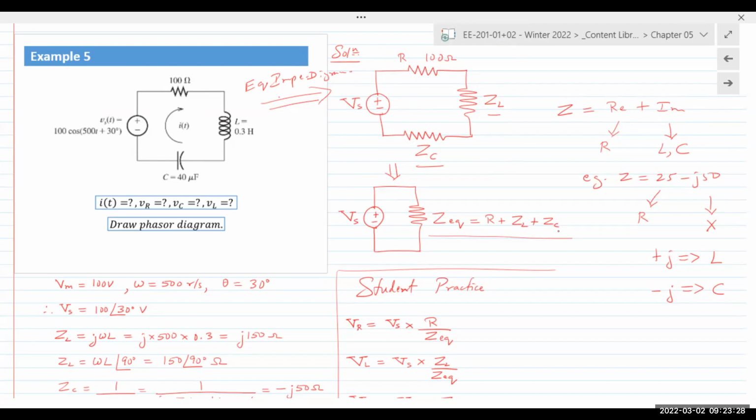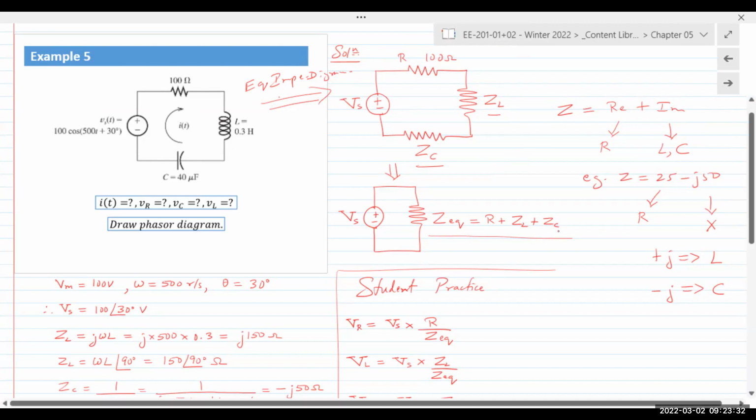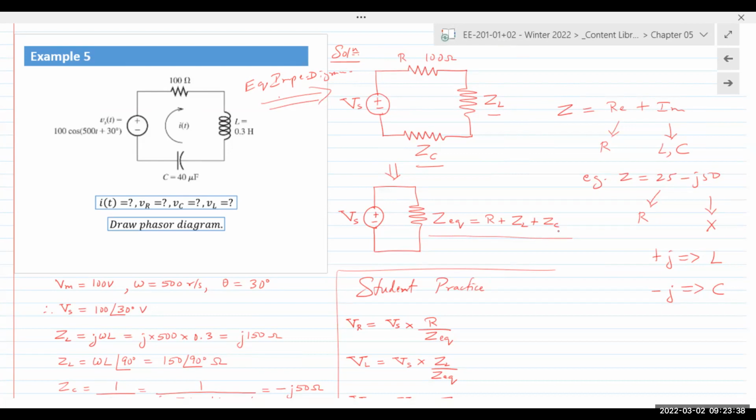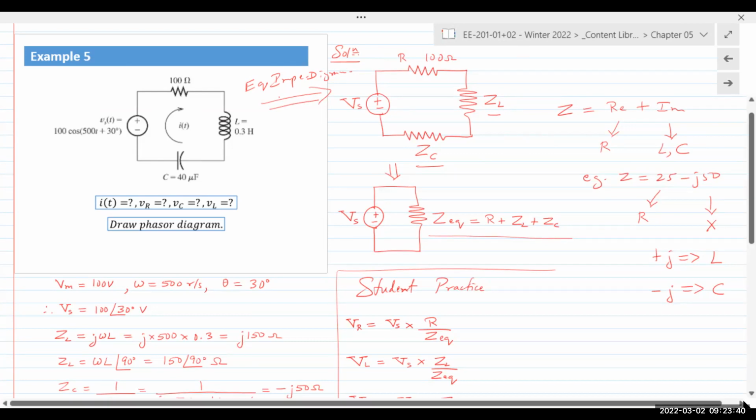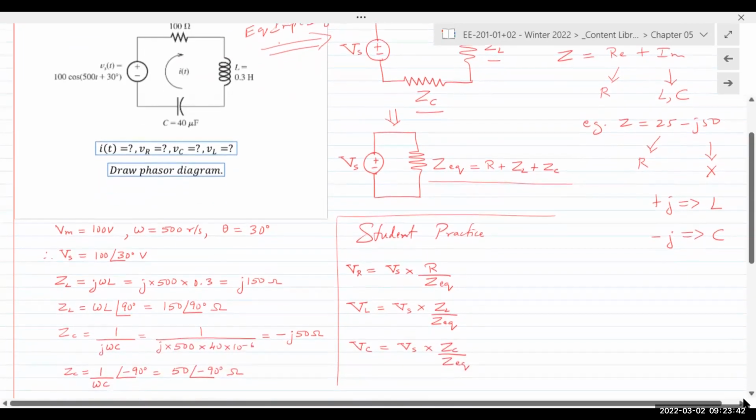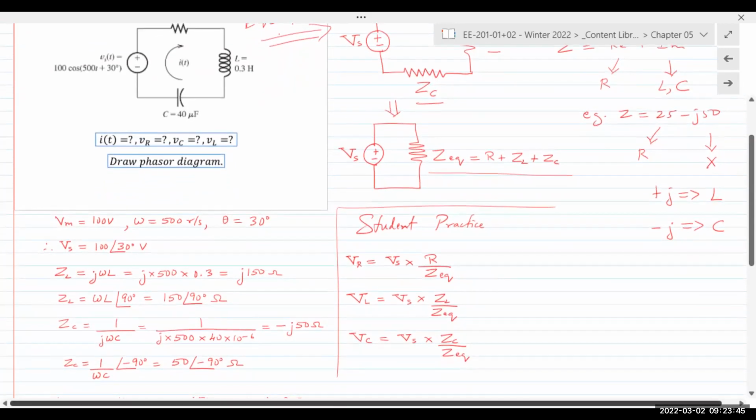If they were in parallel, you would again combine them the same way that you would combine impedances in parallel. And in the next example, I have exactly that. We'll have a component in series and then two components in parallel. So ZEQ is R plus ZL plus ZC.